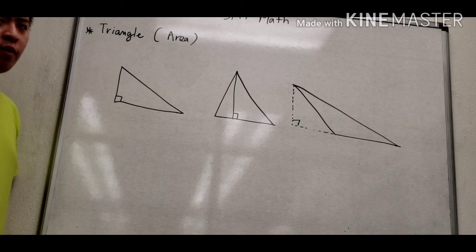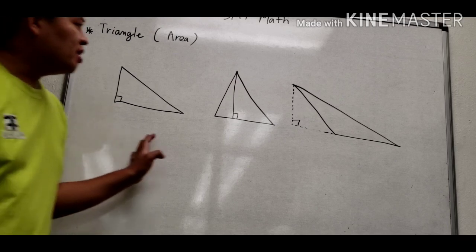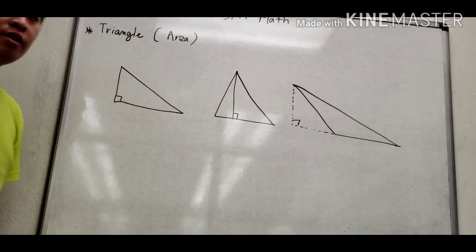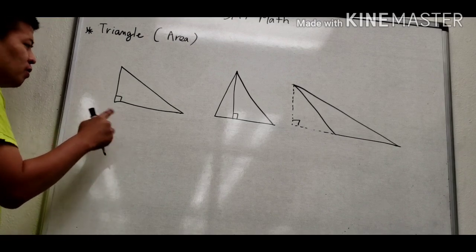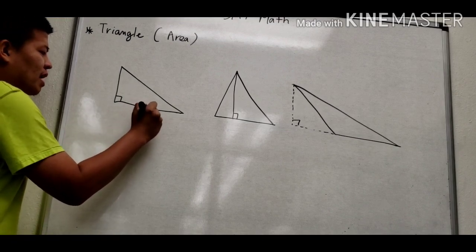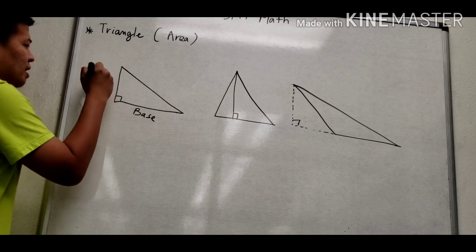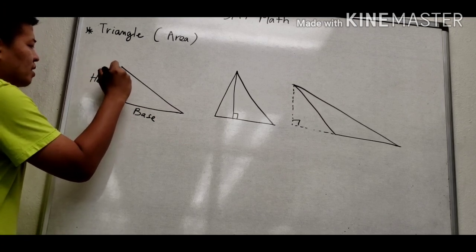So the next one we will talk about the area of the triangle. We have three types of triangle in here that we just learned. We know that on the right triangle, we call this the base, and this one is called the height in here.